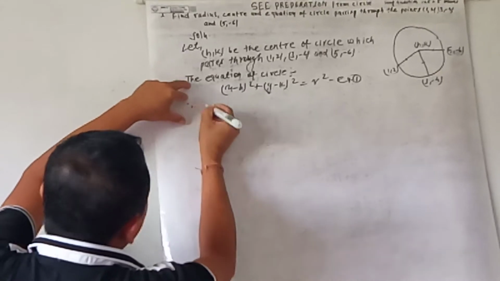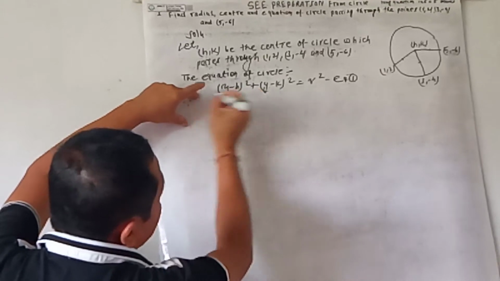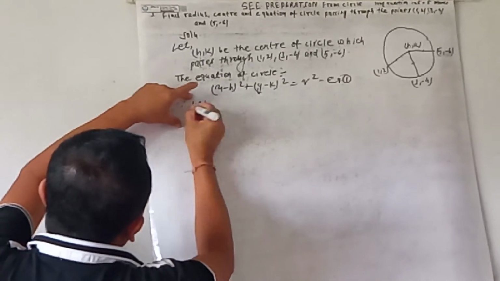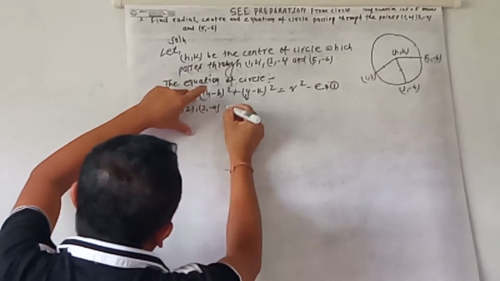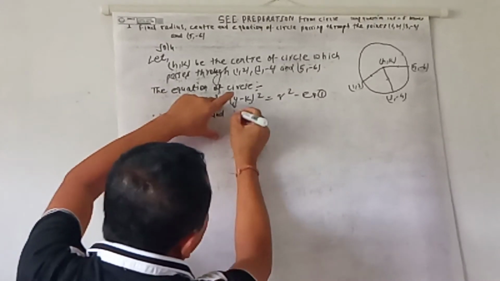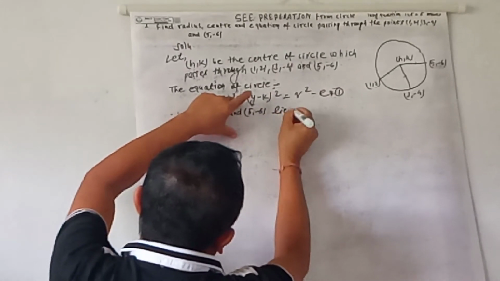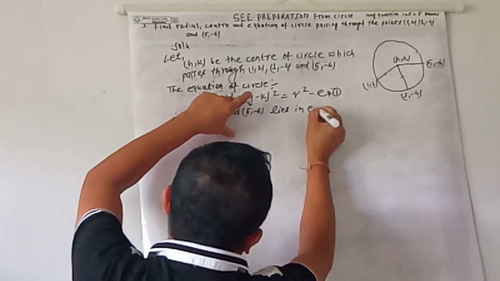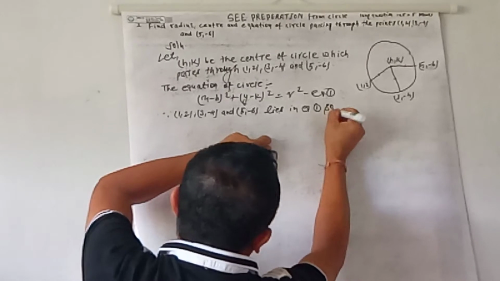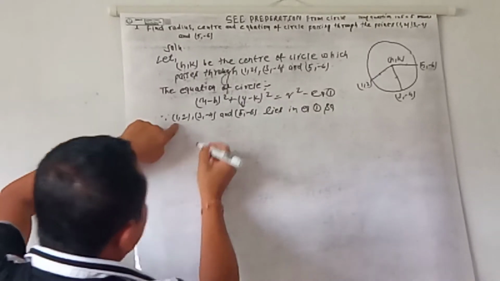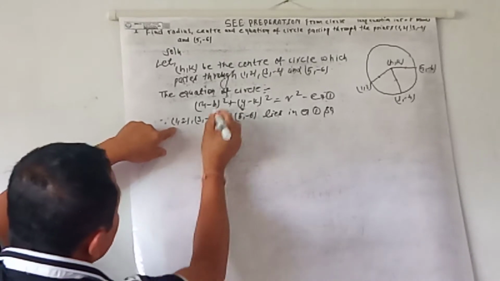Since (1, 2), (3, -4) and (5, -6) lie in the equation, as (1, 2) lies in it, we put x value 1 and y value 2 in the equation.